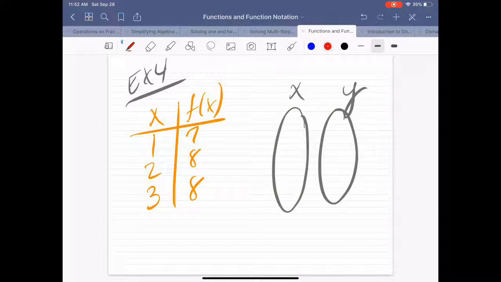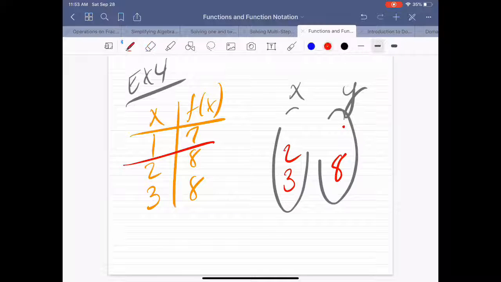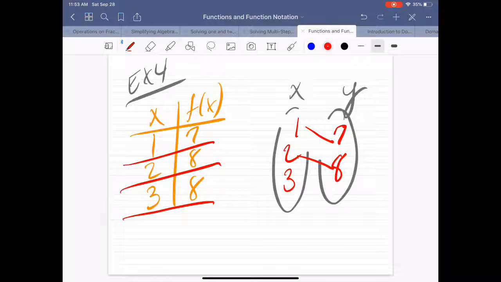Example 4. Let's list the x values. Let's list the y values. Let's map it out. The first ordered pair is (1, 7). The second ordered pair is (2, 8). The third ordered pair is (3, 8).